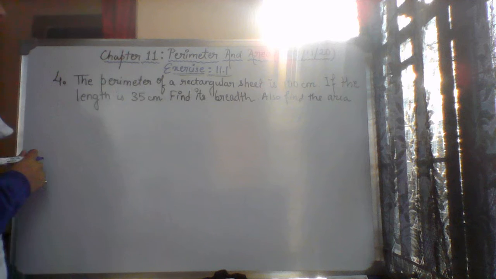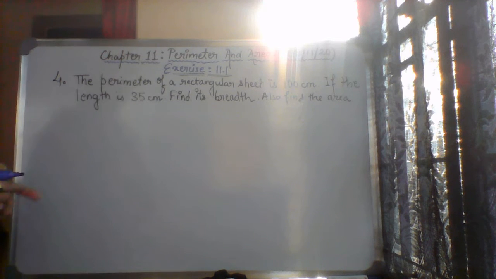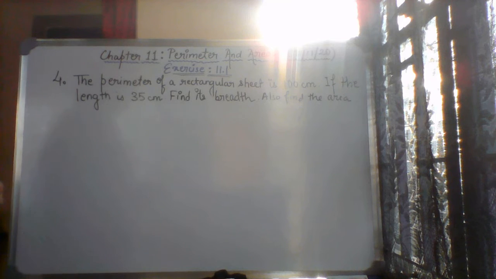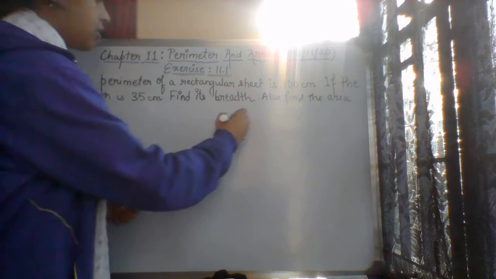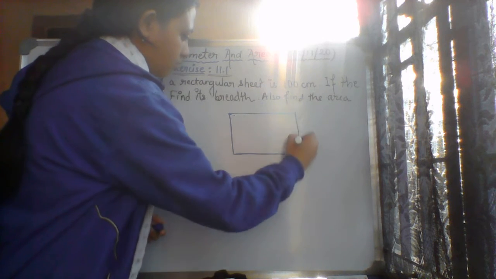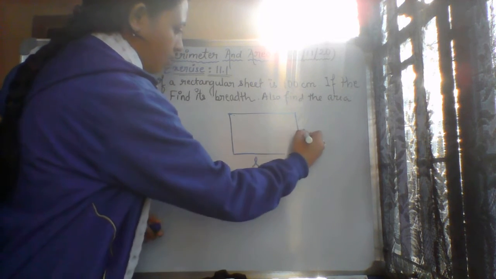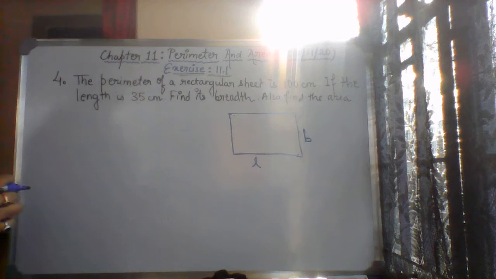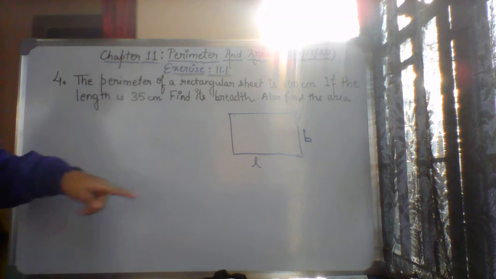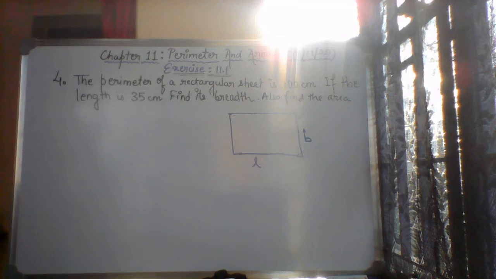Now in the fourth question it is asked, the perimeter of a rectangular sheet is 100 centimeter. Perimeter means the boundary length, which is already given, 100 centimeter.